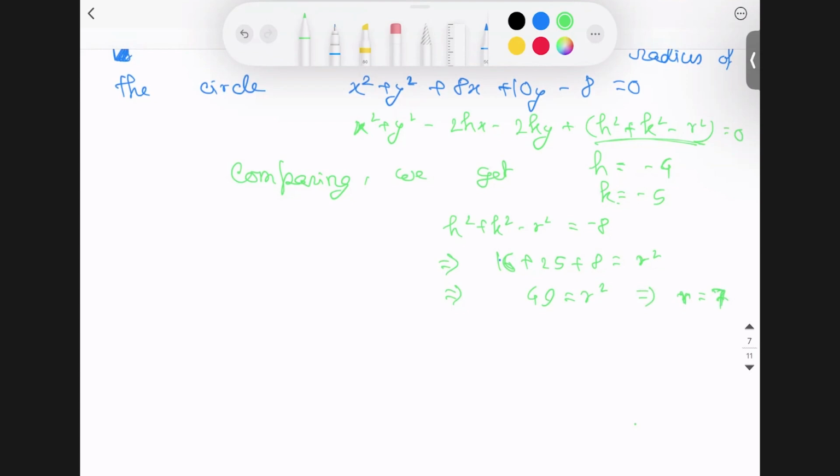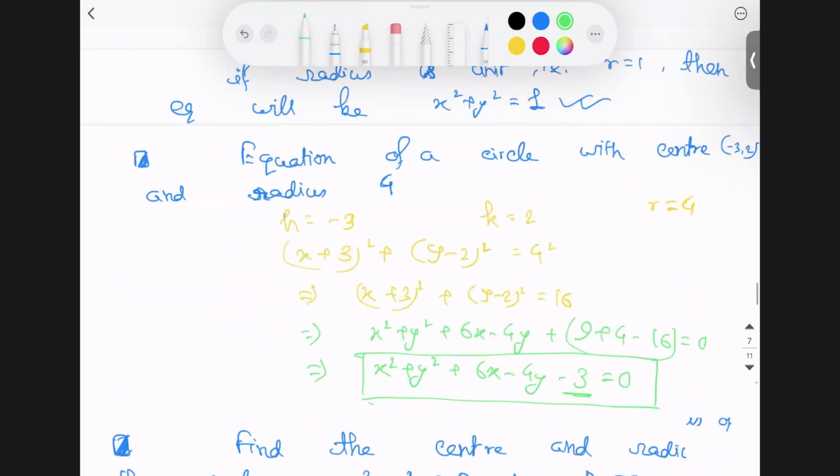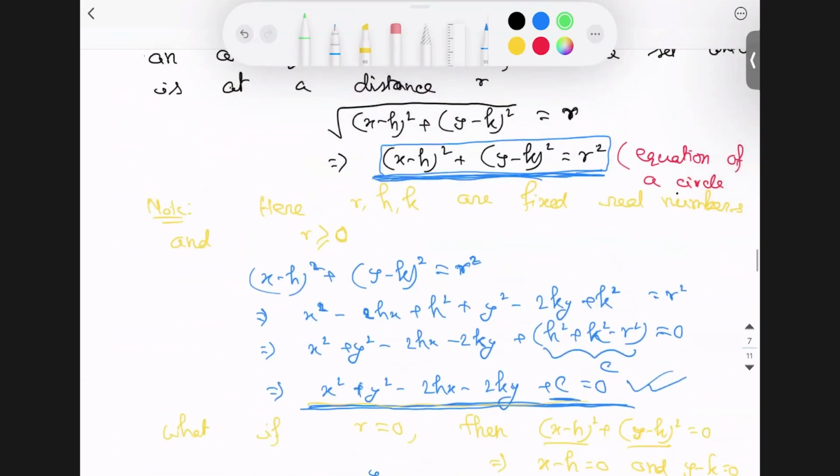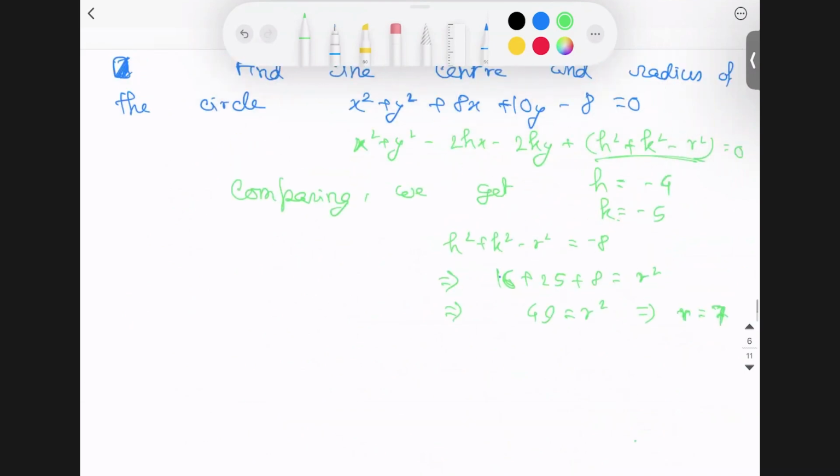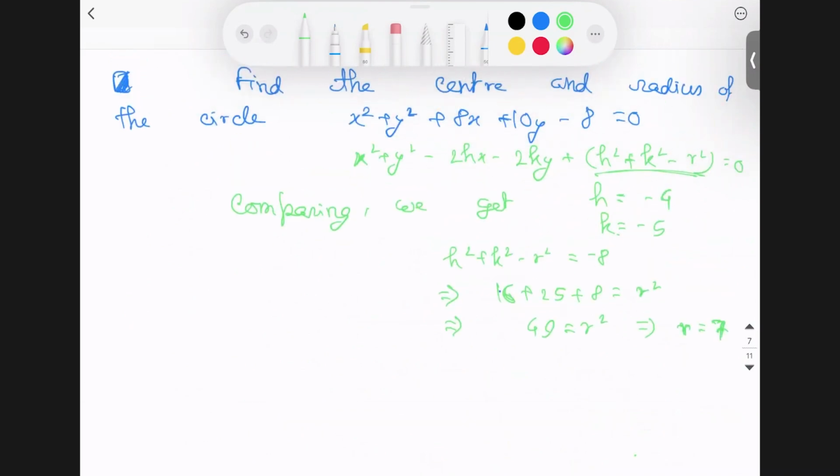Now one can ask that if r square equals 49, then r equals plus or minus 7, because whenever we take a square root we put a plus minus sign. But here r should be greater than or equal to 0, so we will not consider the negative case. That's why we write r equals 7. So the radius of the circle is 7.